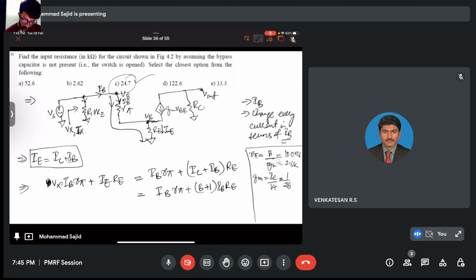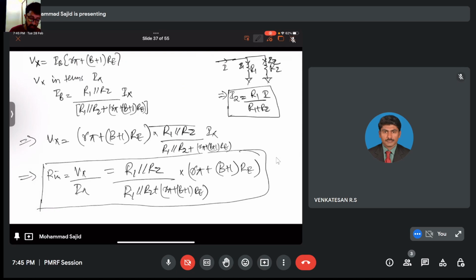So let's just see if we did everything right or not. What we first did was find out the current flowing in this branch, because there is no bypass capacitor, so we had to take the nodal potential V into consideration. So this is not just the simple resistance of R pi here, the total resistance that comes up is R pi plus beta plus 1 times Re.